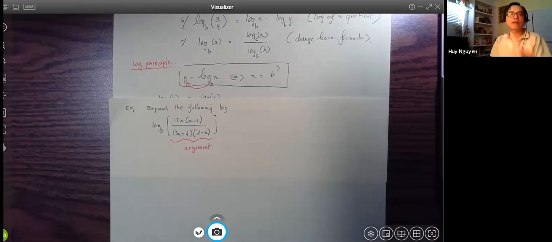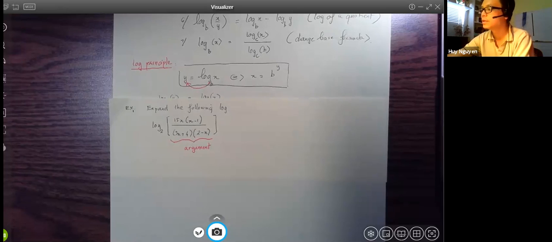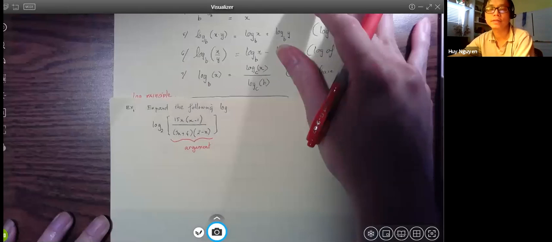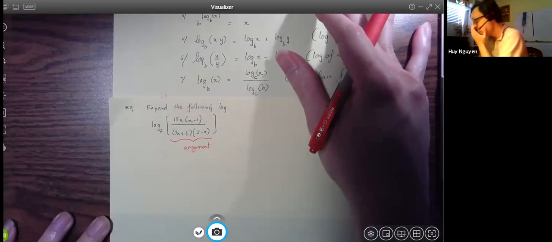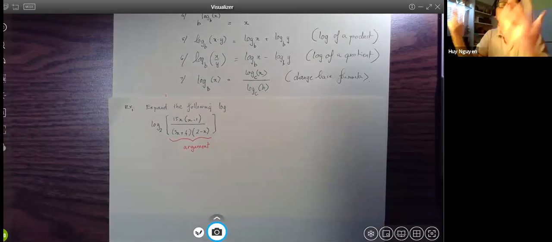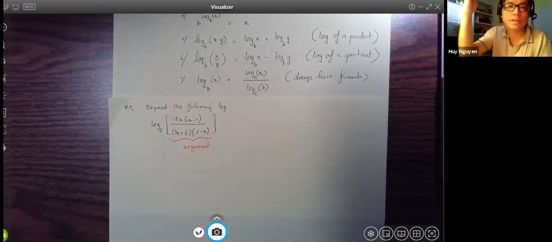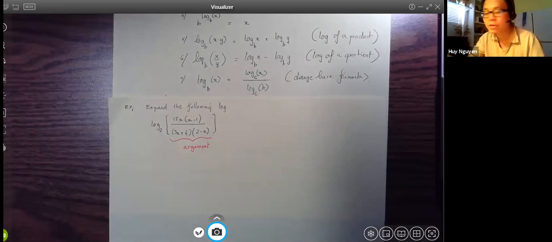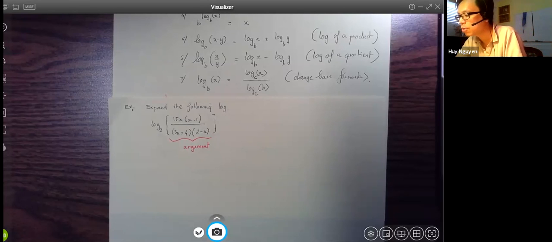After you recognize the argument, you look at the property. This is our property list, and you decide which property you should use. If you memorize it, then you have the property in your brain right away. But if you can't memorize it, then you look at the property list and see which property looks like the example.